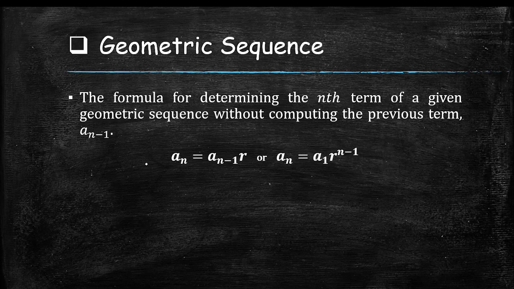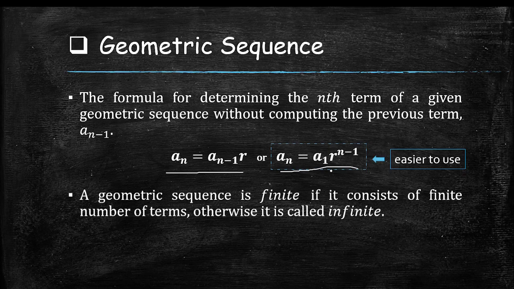So we have two formulas, but I strongly suggest that you use the second formula because it is much easier to use. Again, the formula that I advise you to use is a sub n is equal to a sub 1 times r raised to n minus 1.